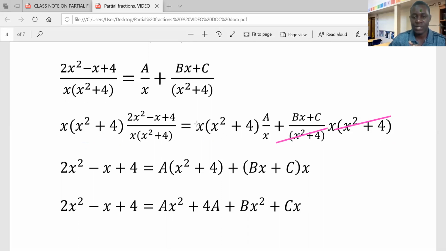For this one, the x here is cancelled by this x here. That leaves us with a times x squared plus 4. So that's what this gives us here. Then if this and this are struck out, we have bx plus c left multiplying x. So that gives us what you have here. Then on the other side, the whole of this strikes out the whole of the denominator at the bottom.